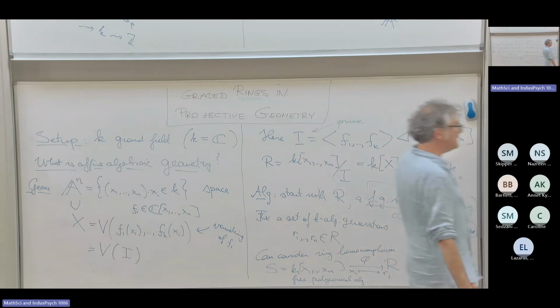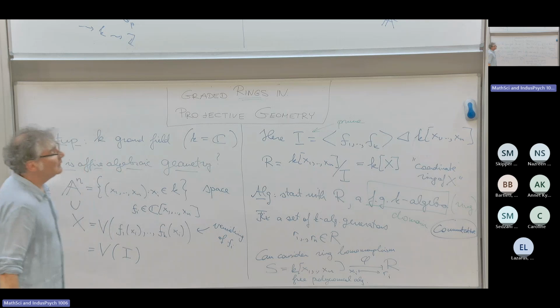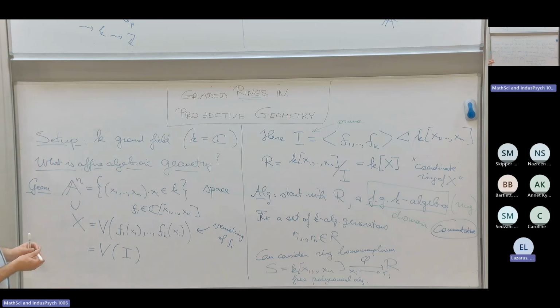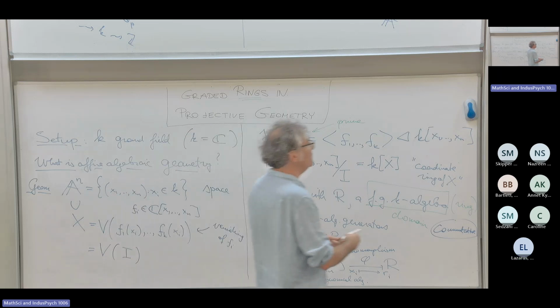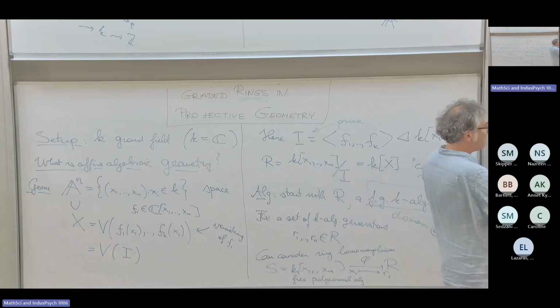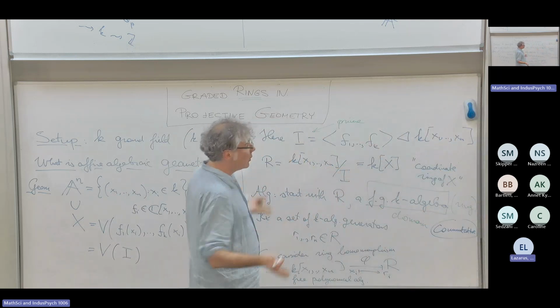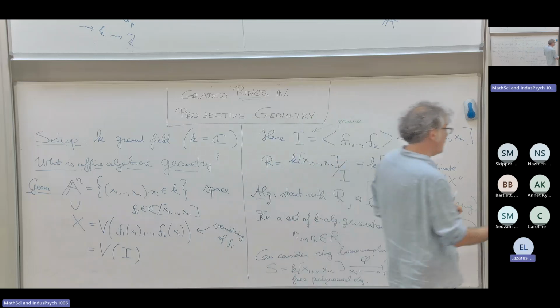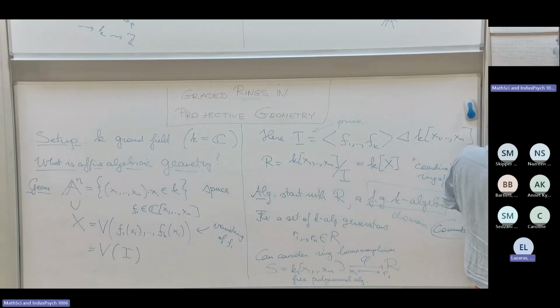Because we haven't got many hours, I can't give full justifications for why this is considered. One of the easiest justifications is that this has much better closure properties. It is compact. Over the complex numbers, this is actually a compact topological space.